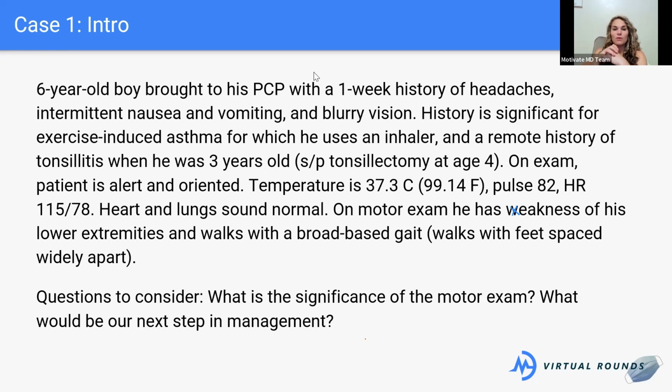Because usually when people are walking with their feet spaced apart, it's so that they can steady themselves. That clues us into, maybe this guy's having an issue with balance. Additionally, weakness of your lower extremities, especially for a young boy, is not particularly normal.